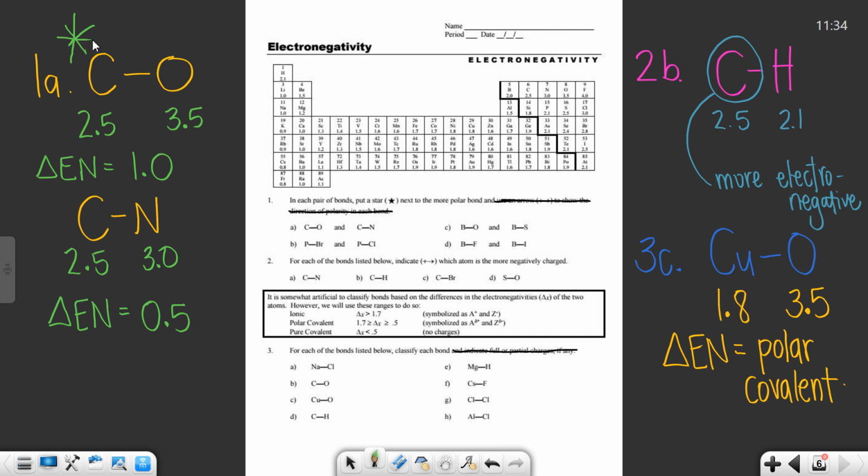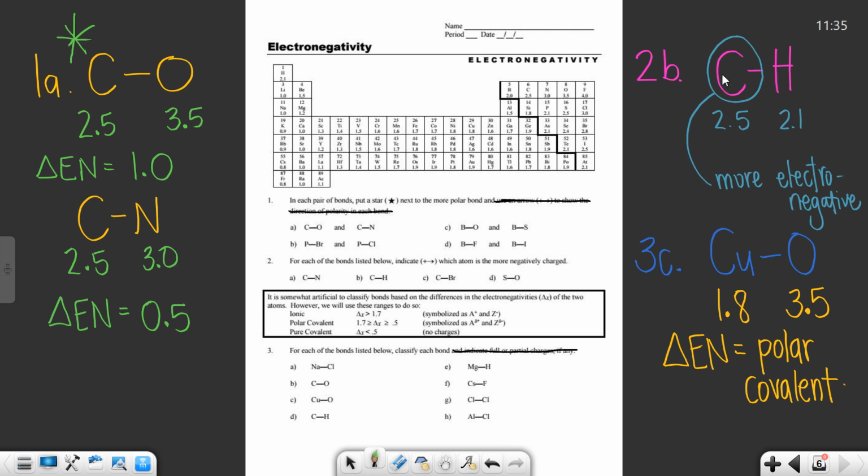Number two, what I have to do is look at the bonded pairs and indicate which element is more negatively charged. What does that mean? Which one has the higher electronegativity value? So I did 2B, C and H, 2.5 versus 2.1. 2.5 is higher, so the C, the carbon in this case, is more electronegative.